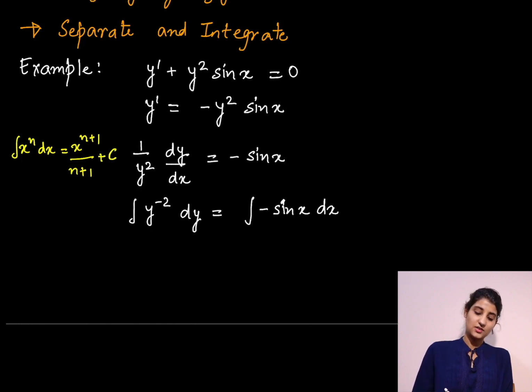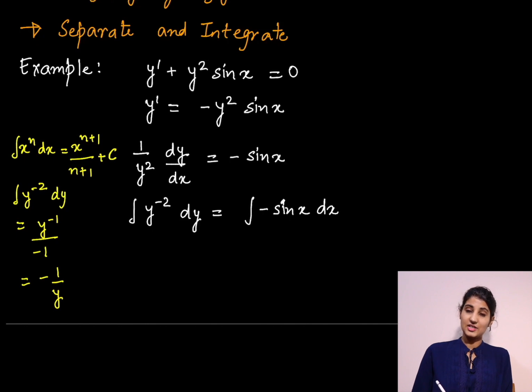So here we want to find the integral of y to the negative 2 dy. So we will increase the power by 1. Negative 2 plus 1 is negative 1, divided by the same power, so it's equal to negative 1 over y. This is an indefinite integral, but I am not putting the constant of integration. I'll show you why.